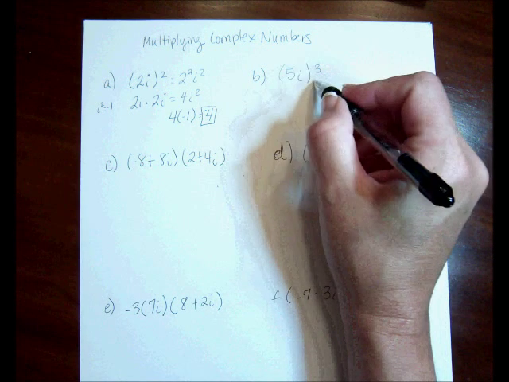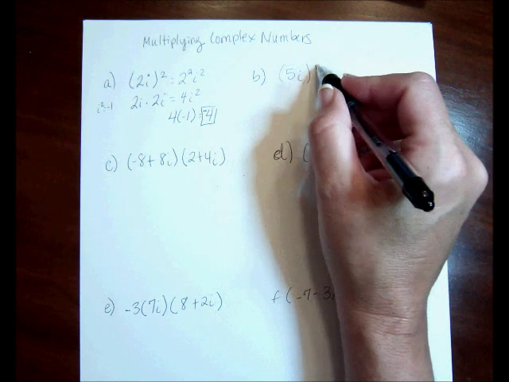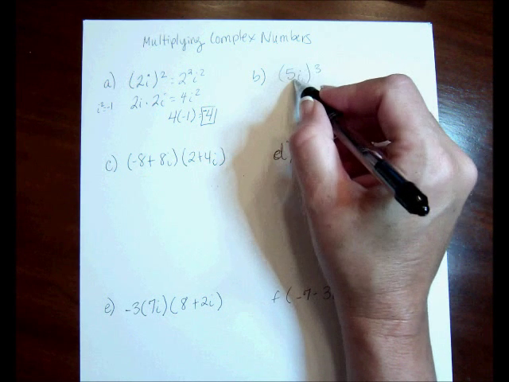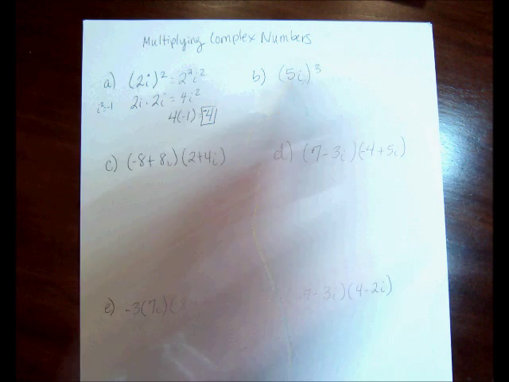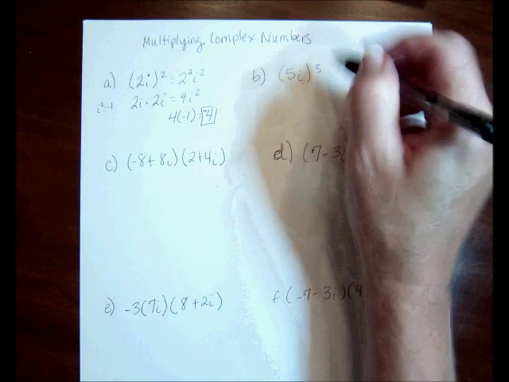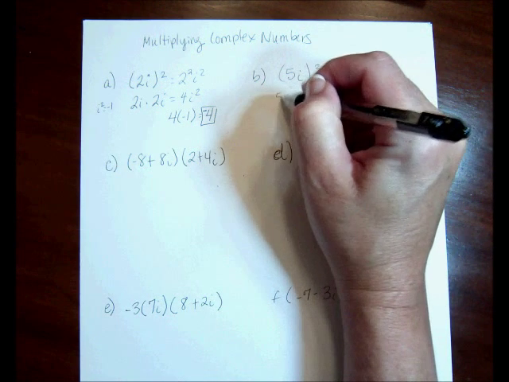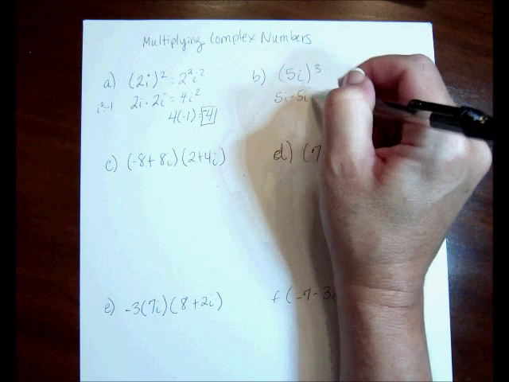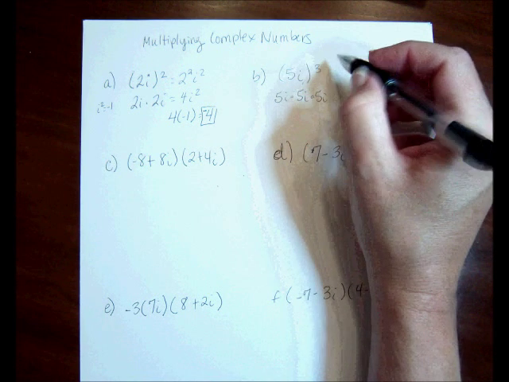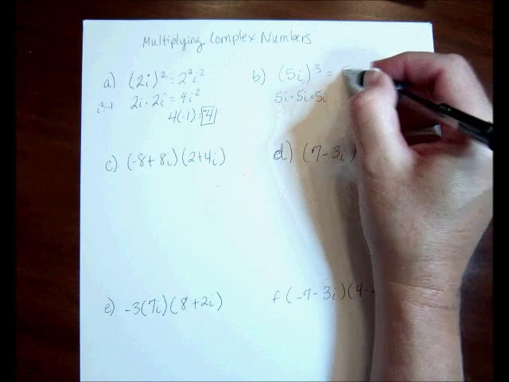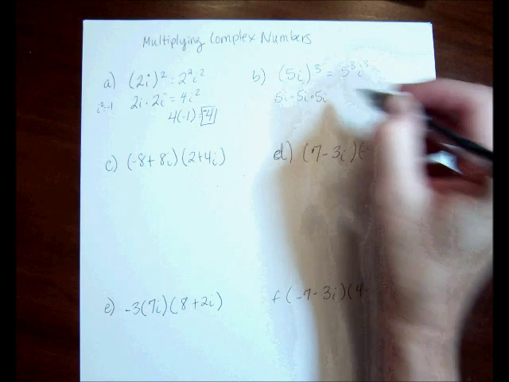Again, we have 5i, and that whole quantity is cubed. And the reason we cube the whole quantity is because both 5 and i are inside the parentheses. So in this case, it ends up being 5i times 5i times 5i, or you can just say 5 cubed and i cubed.